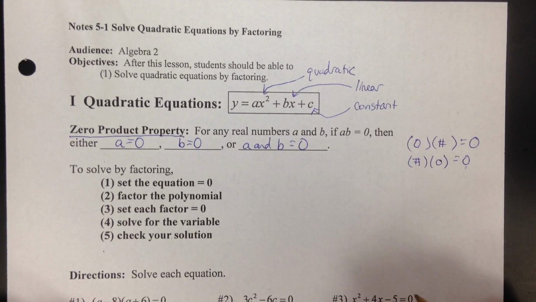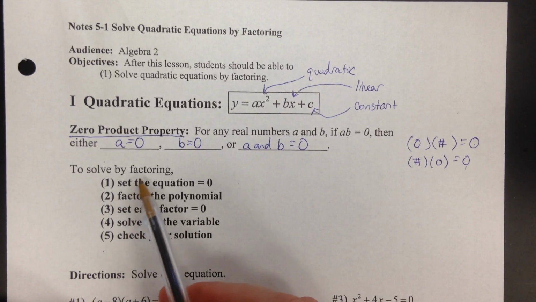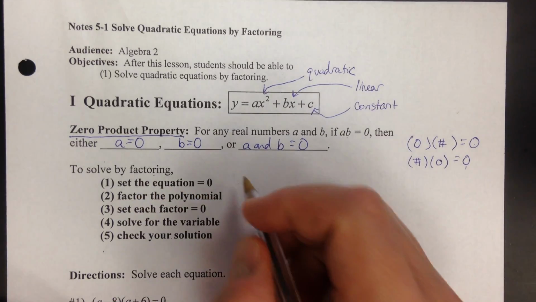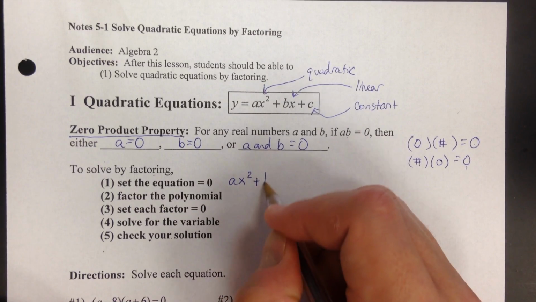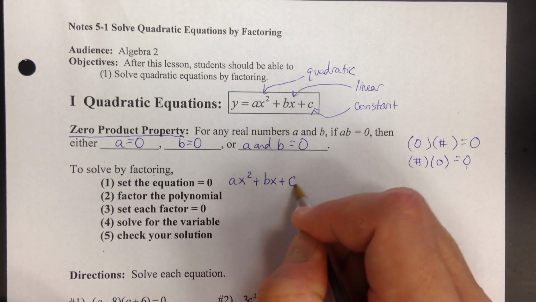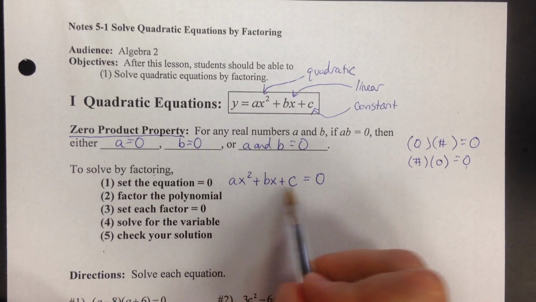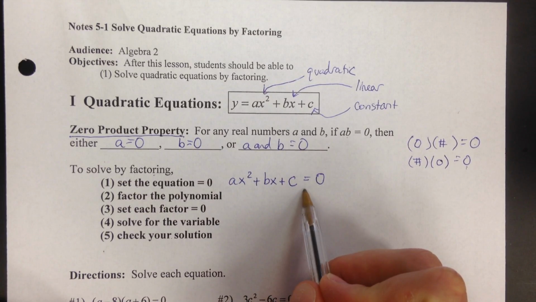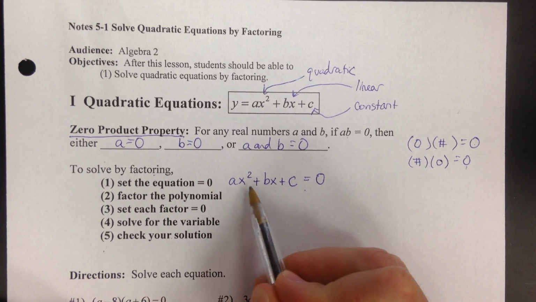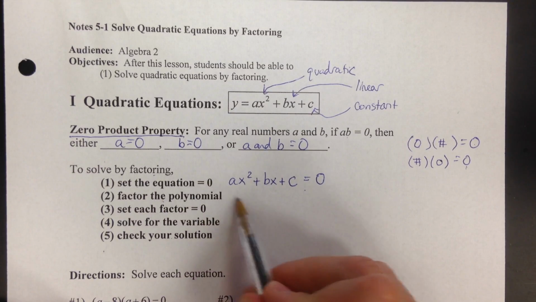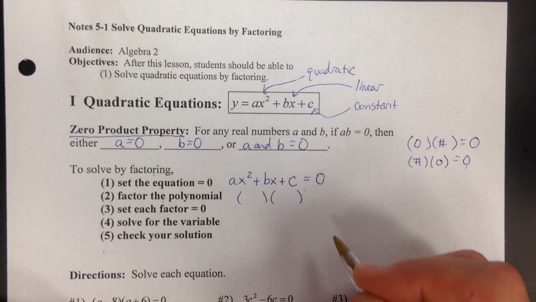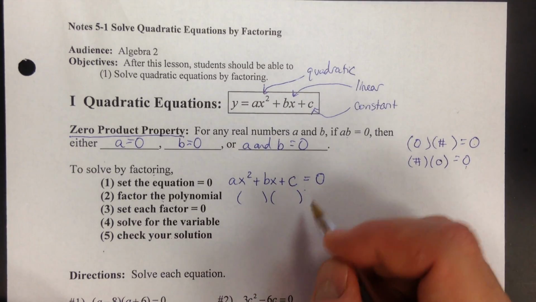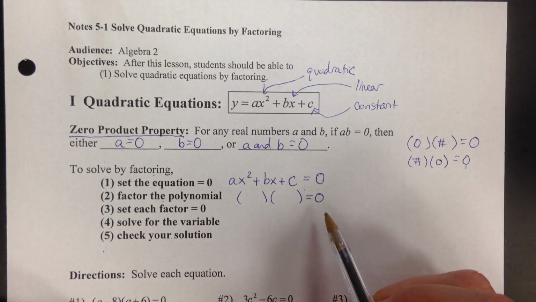So our strategy for today, to solve by factoring: we want to set the equation equal to 0. In other words, we want the quadratic term, the linear term, and the constant term all on one side of the equation, and we're going to set it equal to 0. Then we factor the polynomial, so we're going to get parentheses times parentheses, most likely, equal to 0.